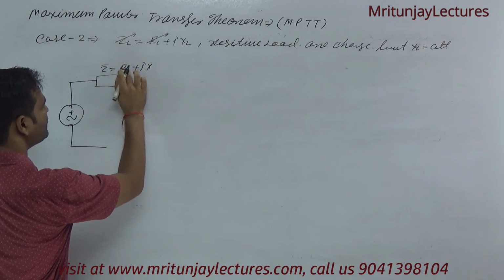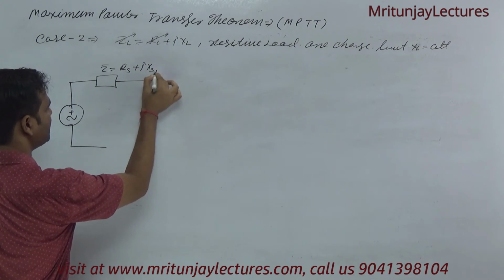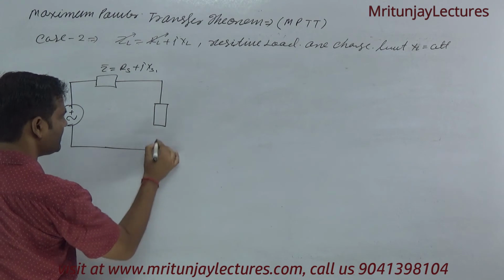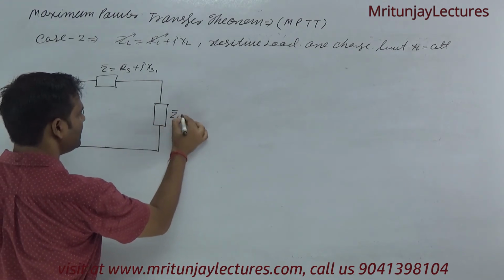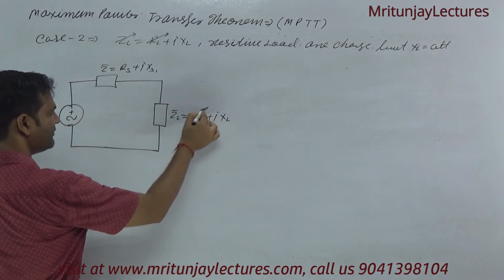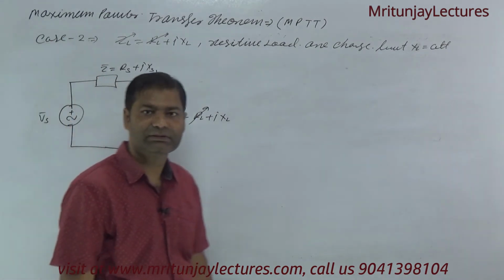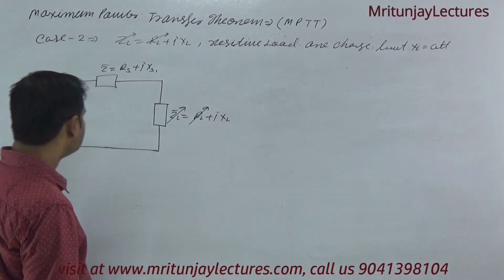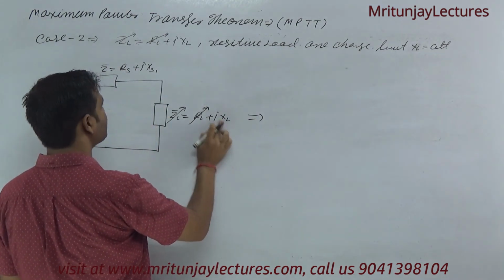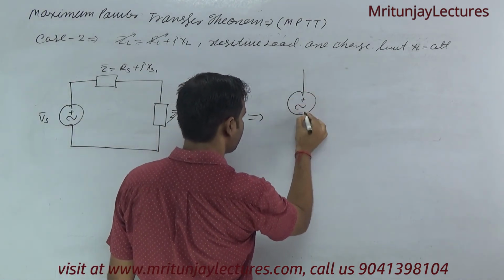Suppose that this one is represented like ZL. ZL is RL plus JXL. This one is variable only. So if RL is changed, then XL is also changed. Okay. This one you can represent also. This one is a constant and this one is constant. You can make it like this once again.